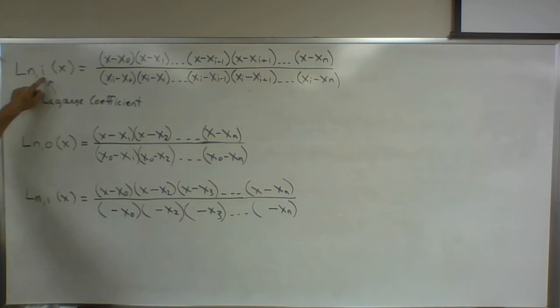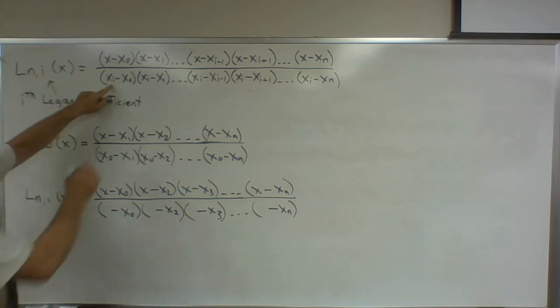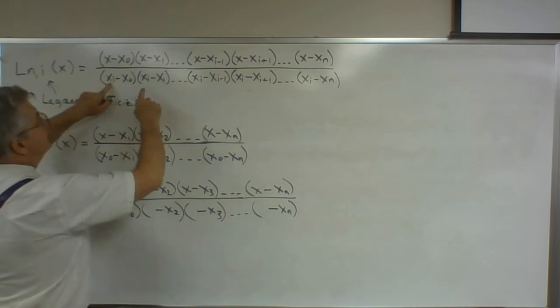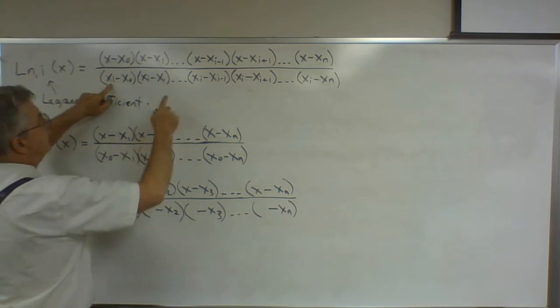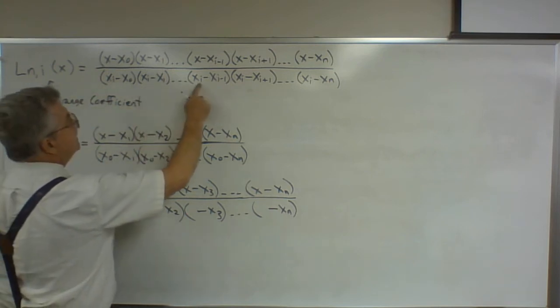When we have the ith Lagrange coefficient, xi goes first in the bottom. xi is the first term of each factor in the bottom.